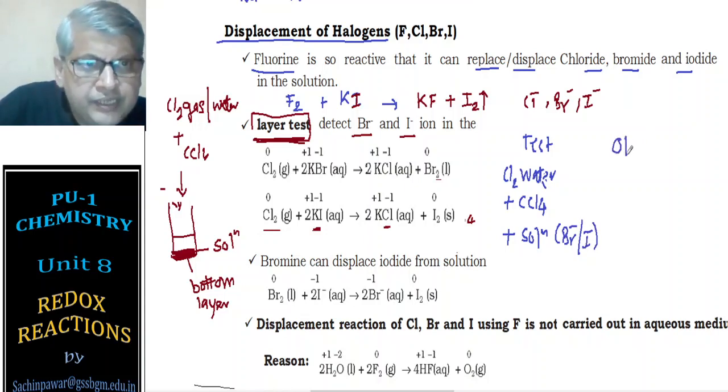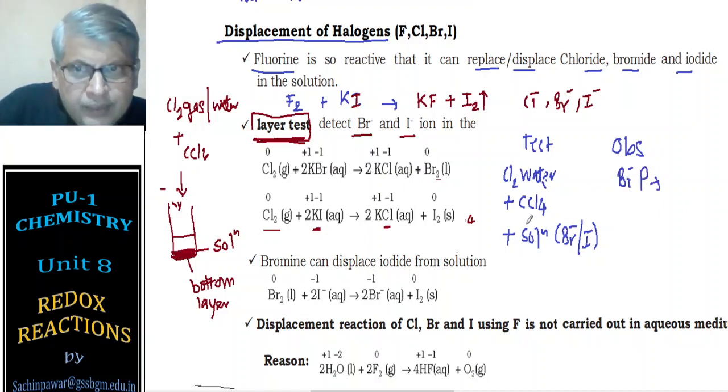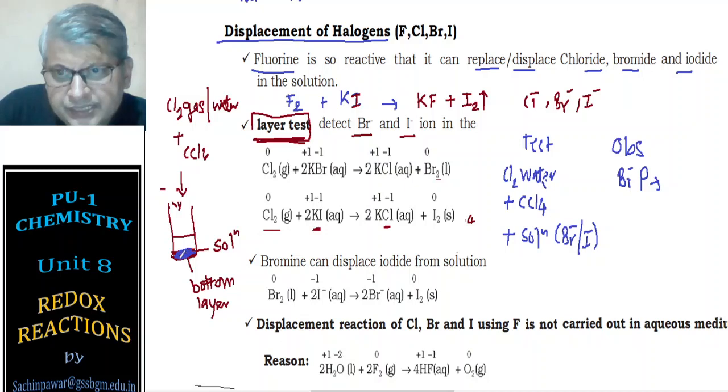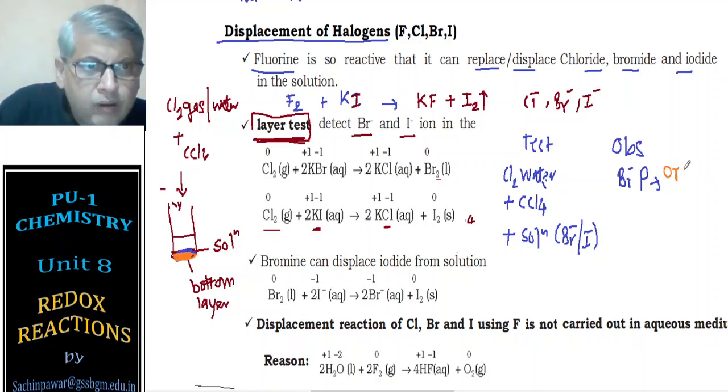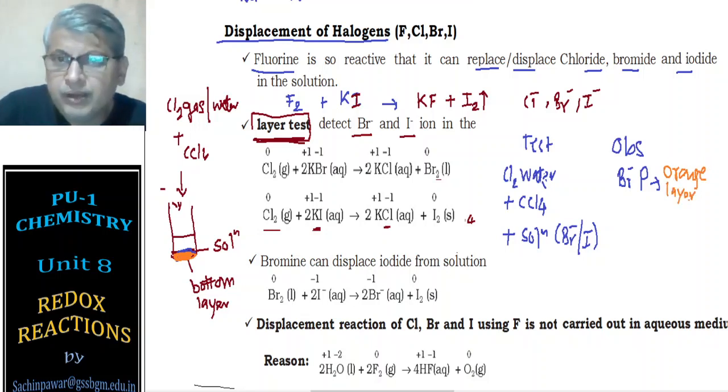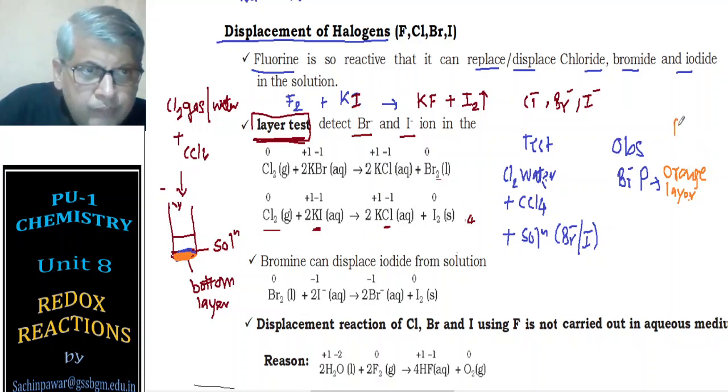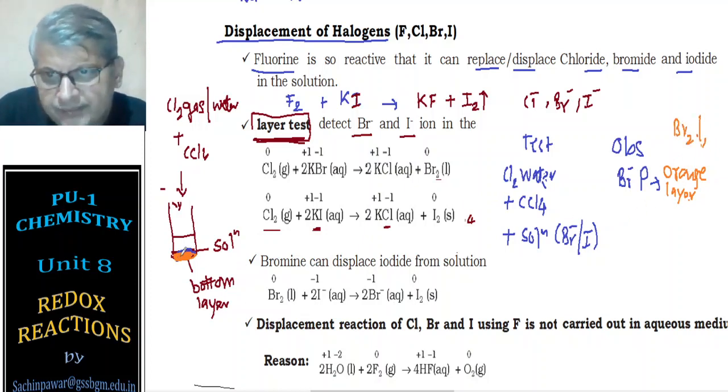Then the observation is, if bromide ion is present, the carbon tetrachloride layer becomes orange. You will get an orange globule, an orange layer at the bottom, because the bromine which has been displaced settles into this CCl4 bottom layer.